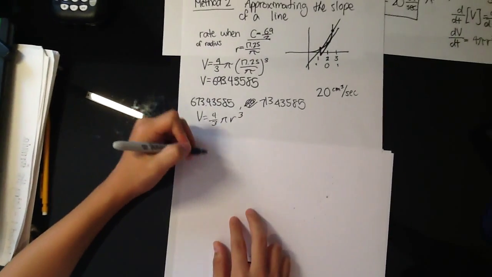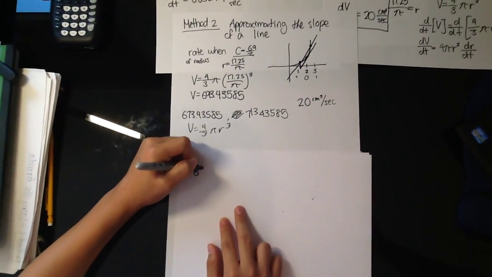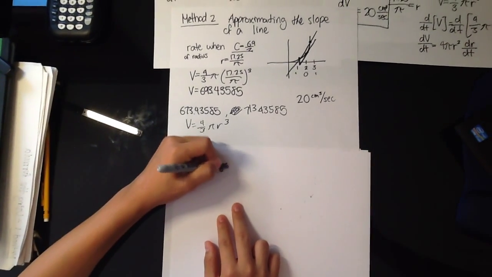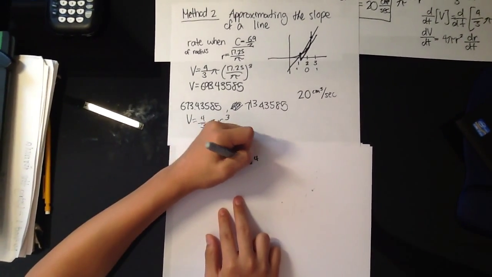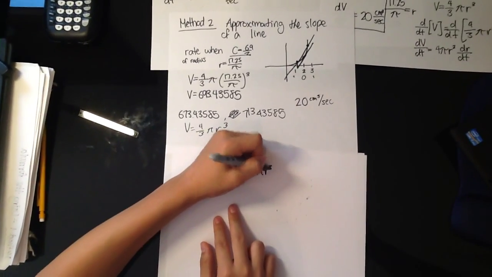So we have the formula and we plug in these values. 673.43585 equals 4/3 pi r cubed.